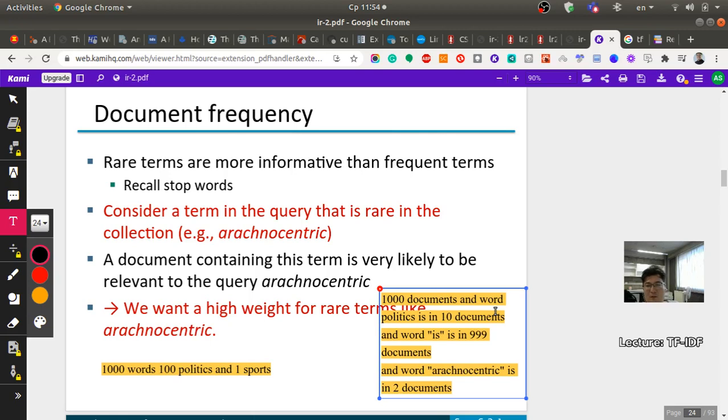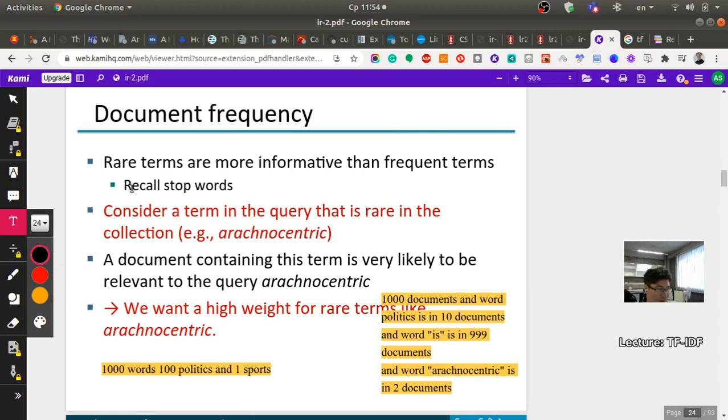If you know that the word politics is in a document, it means that it has something specific about it. So it is about politics. Or if you have the word arachnocentric in 2 documents, this word somehow specifies the document. By seeing that this word is present in this document, you will understand that it means something.